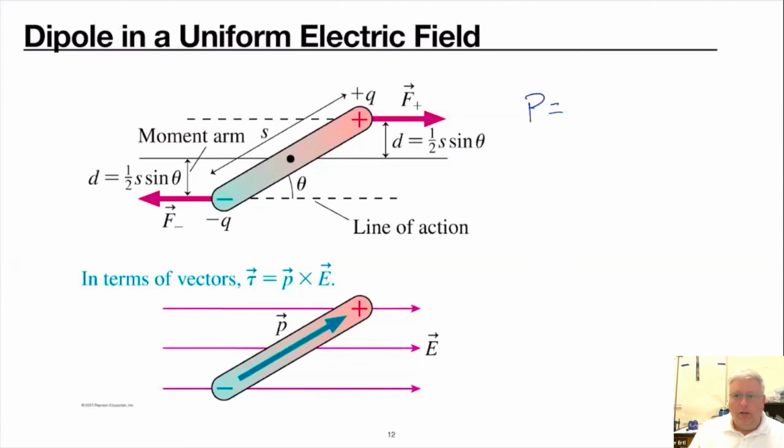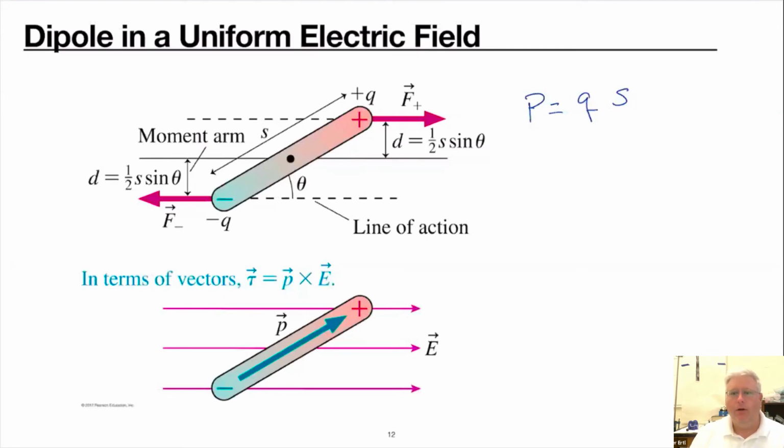The dipole moment we symbolize with lowercase p, and it's the charge times this distance s, which is just how much they're separated by. The direction of the dipole moment tells us how the dipole is oriented, and the magnitude will help us quantify the electric field that the dipole itself is creating.